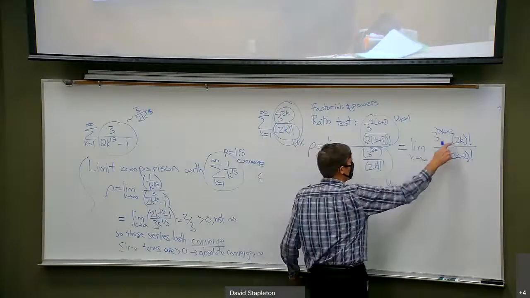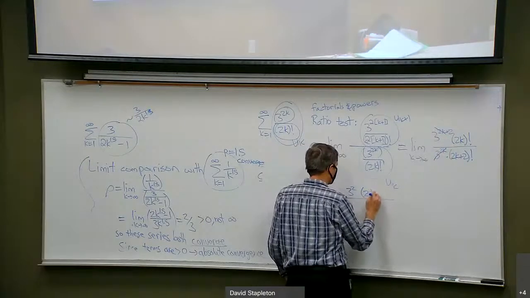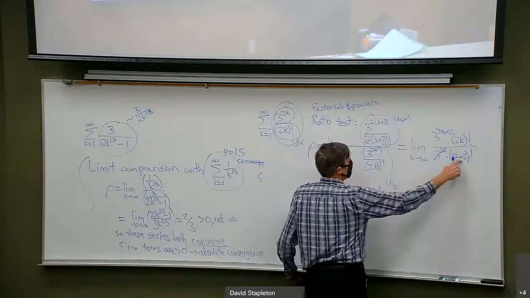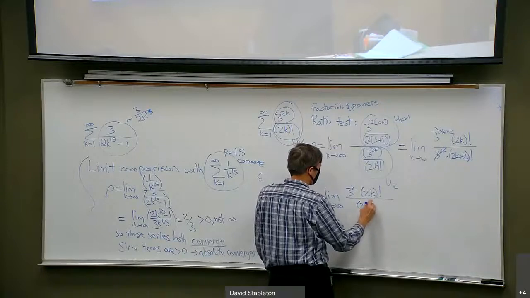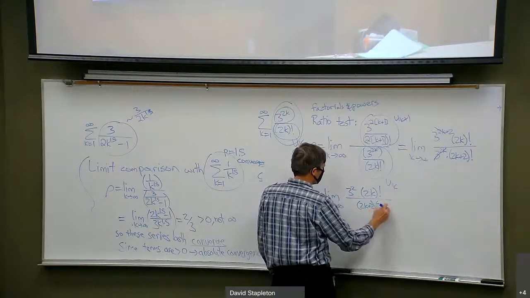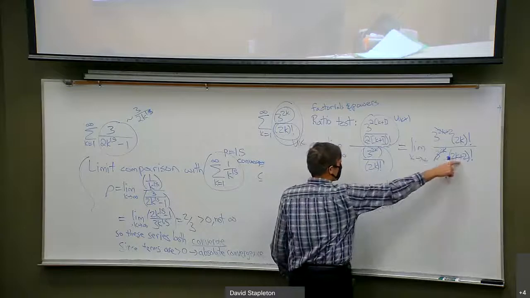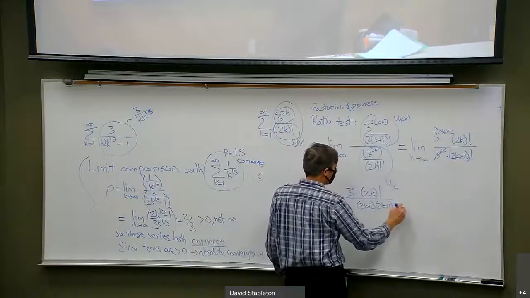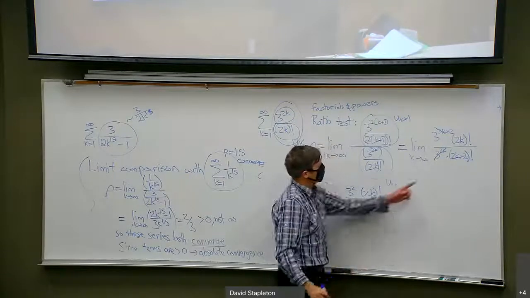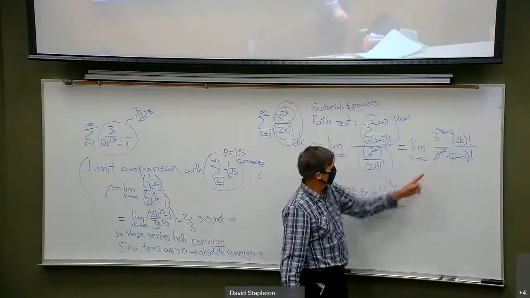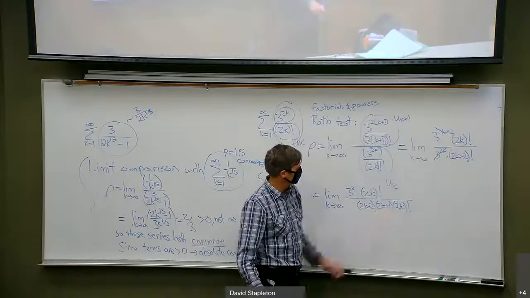And then over here, you've got 2k factorial. 2k plus 2 factorial can be written as 2k plus 2, 2k plus 1, times the numbers 1 through 2k, right? Well, that's 2k factorial. This means the numbers 1 through 2k plus 2 all multiplied, so that's this, right?